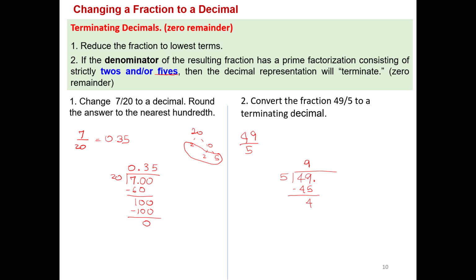And we need to place the decimal point because we know the remainder must be 0. Then we need to complete the division. We place the decimal point in the quotient, add a 0, bring the 0 down. How many 5's are in 40? 8 times 5 is 40, minus 40, 0. And as we expected, the remainder is 0. And 49 divided by 5 is 9.8.